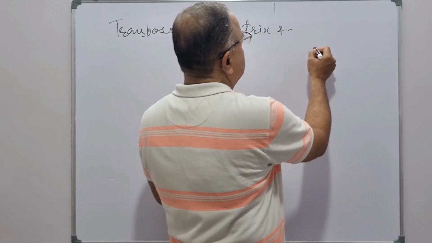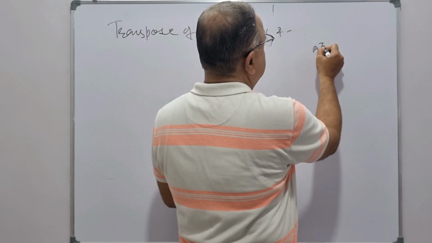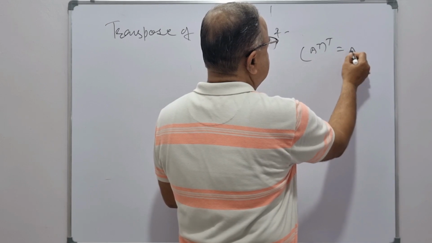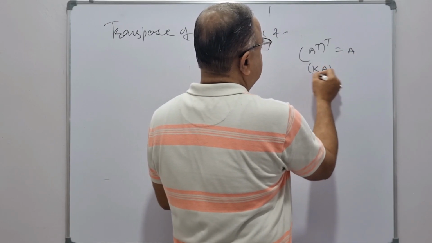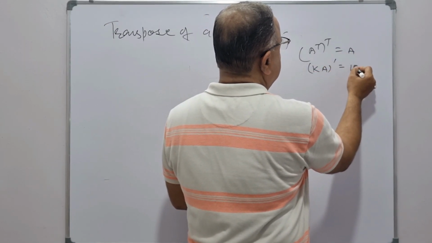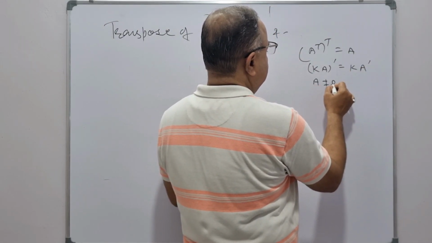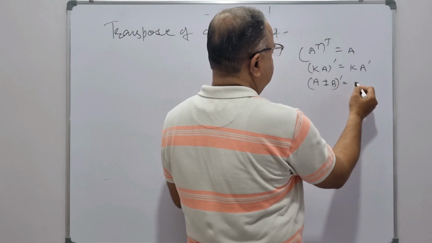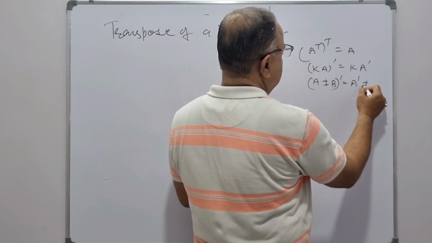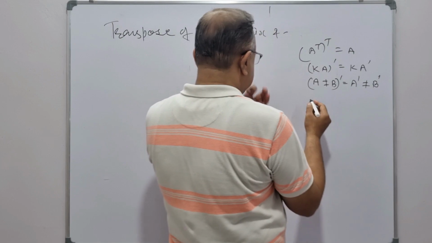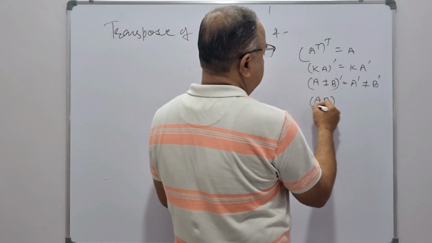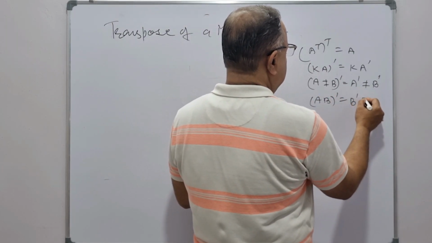Let's recall them. Double transpose is the matrix itself. If we multiply a scalar and then find the transpose, it is the same as taking the scalar out and finding the transpose. Sum and difference of two matrices and then finding the transpose is the same as first finding the transposes and then adding or subtracting them. But whenever you find the transpose of a multiplication, the order changes.